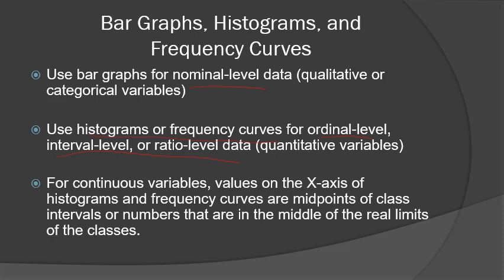For continuous variables, the x-axis on the frequency curve is going to be the midpoints. I didn't say that before, but that is something to note: when you've got a continuous variable, your values are your midpoints. Whereas if you've got discontinuous, your values are just for that variable.